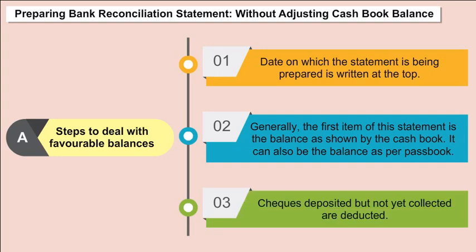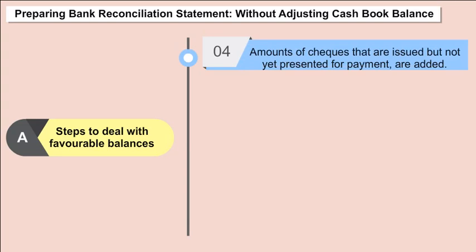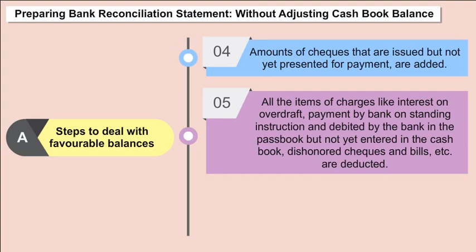3. Checks deposited but not yet collected are deducted. 4. Amounts of checks that are issued but not yet presented for payment are added. 5. All the items of charges like interest on overdraft, payment by bank on standing instruction, and items debited by the bank in the passbook but not yet entered in the cash book, dishonored checks and bills, etc. are deducted. 6.